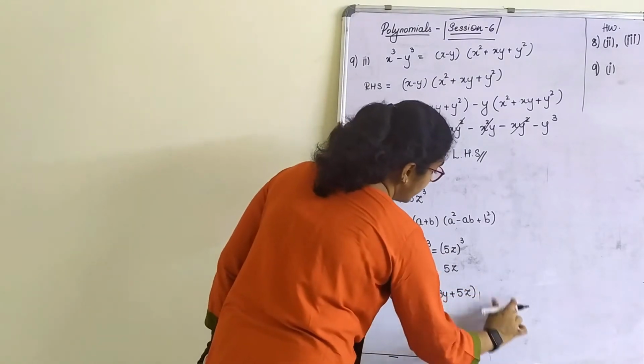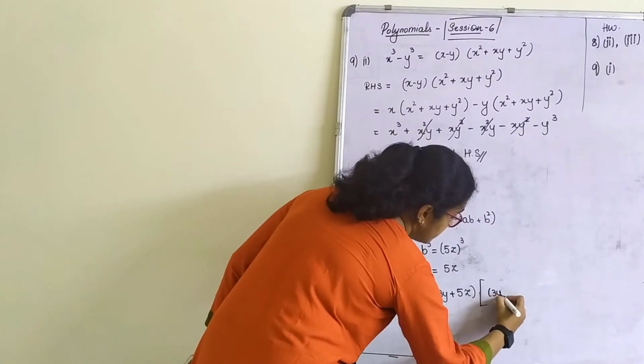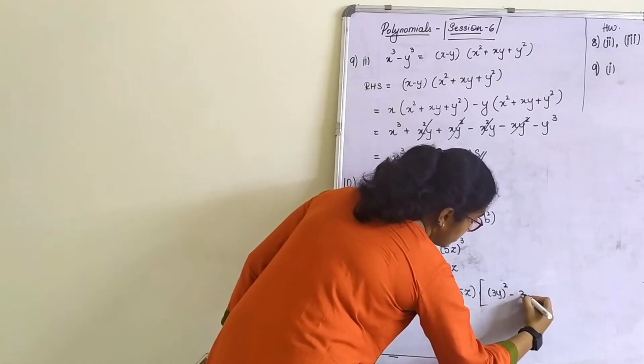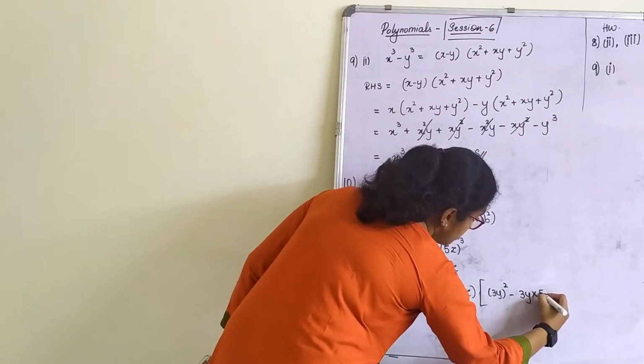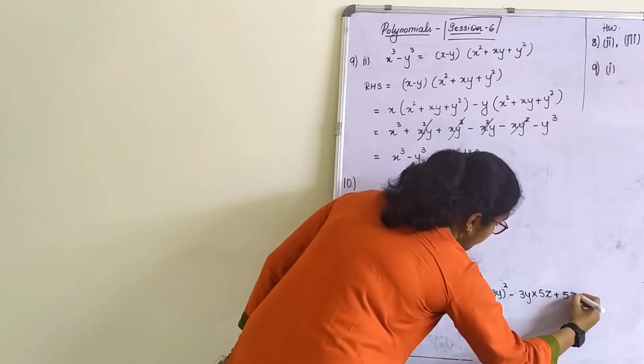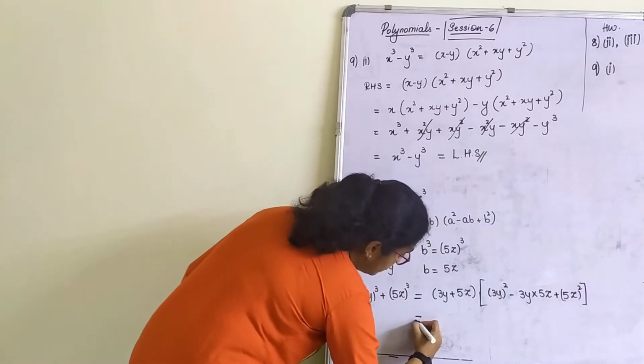What is a square? 3y whole square minus 3y into 5z plus 5z whole square.